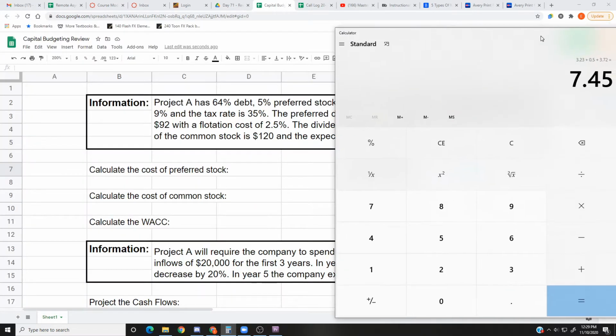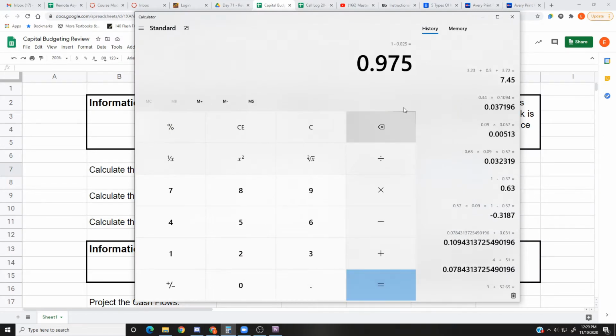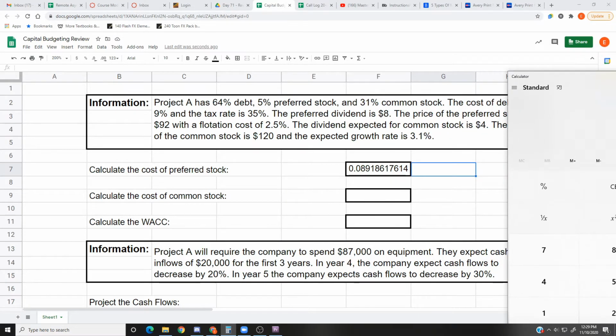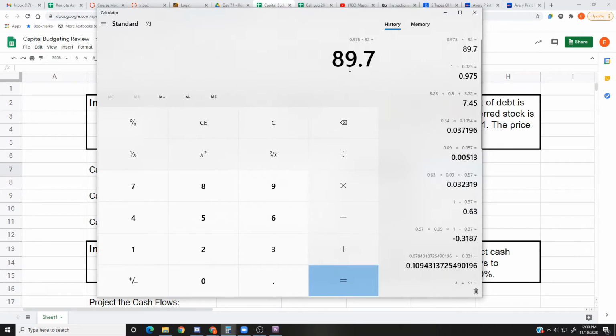When we did this with the calculator, we first did 1 minus 0.025. That's 0.975. Then we multiplied by the price of the preferred stock. So the preferred stock was $92. So we multiply by 92. And that's 89.7.